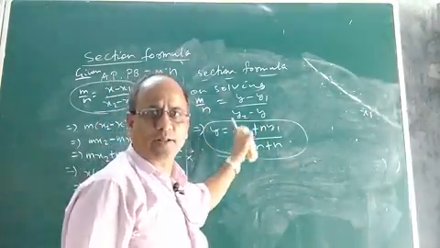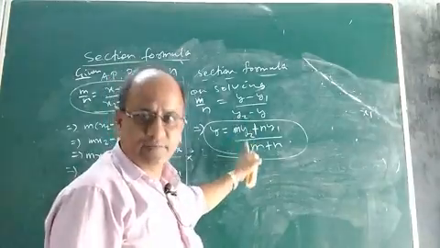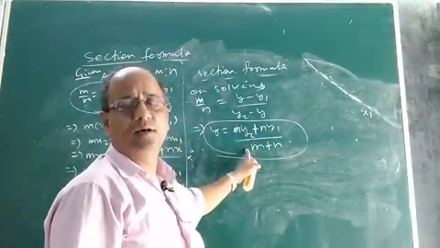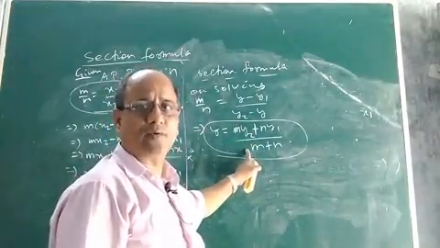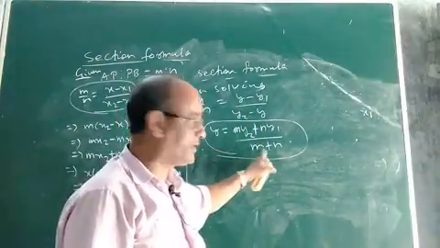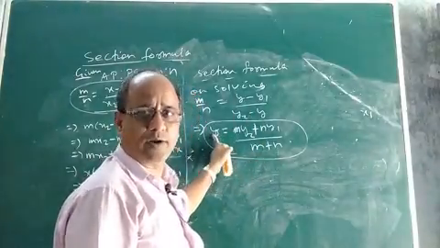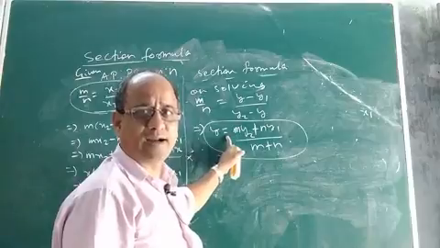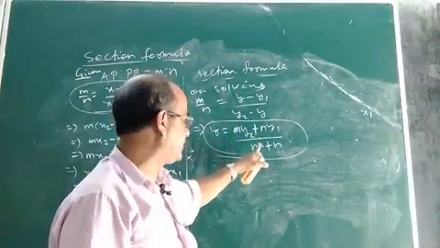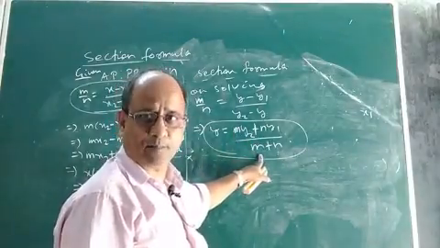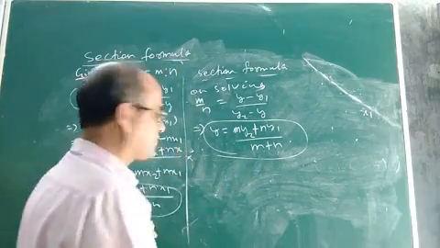We got the Y coordinate of the point P, which divides the line segment AB, whose coordinates are x1, y1 and x2, y2 in the ratio m is to n. You see, the coordinates of the point P which divides AB in the ratio m is to n. This is the y coordinate of the point, and this is the x coordinate.